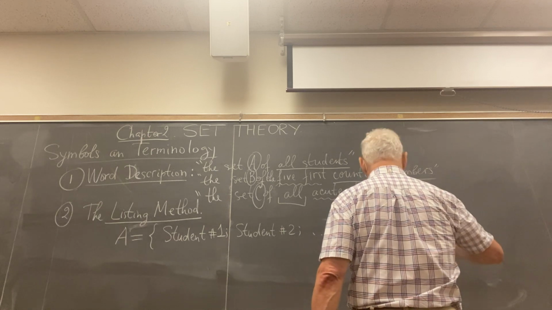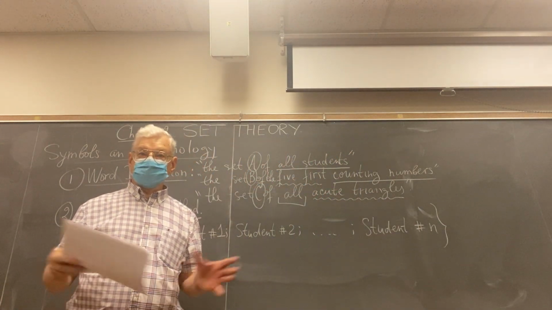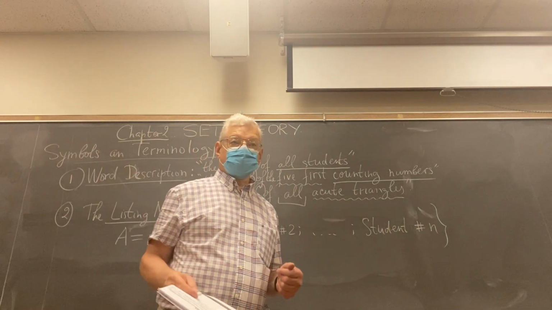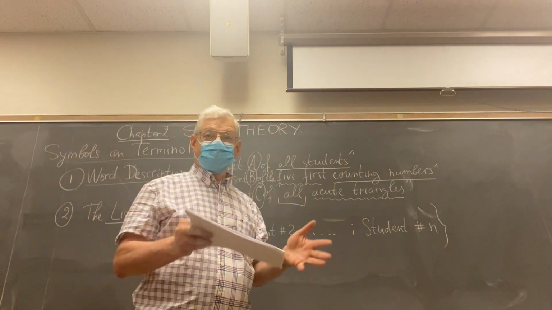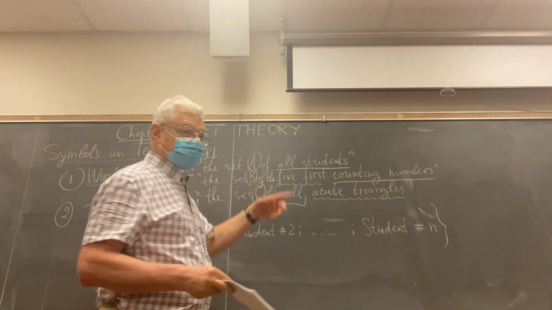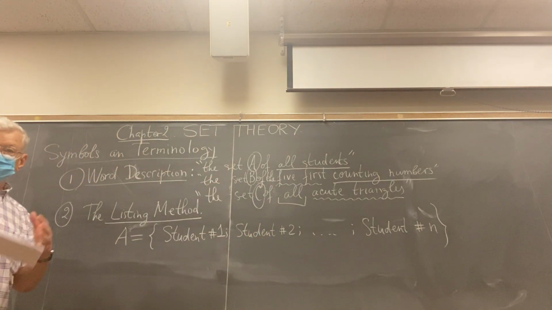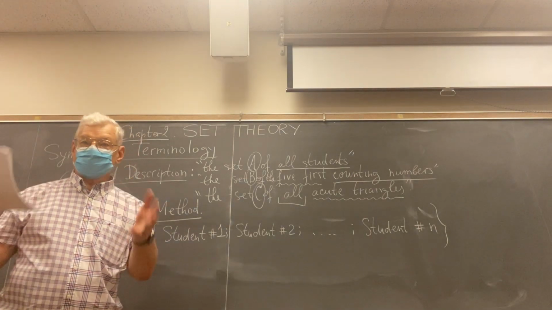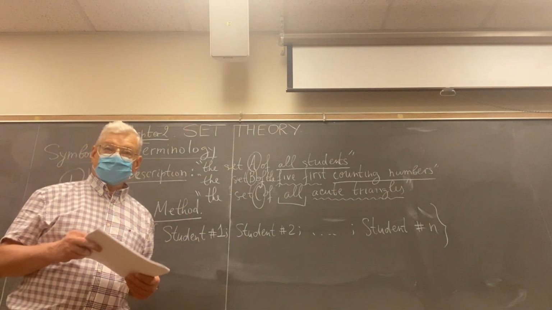Then I close the curly brackets. Clear? For example, right now I see 2 students, so I write your name and then your name. It will be a set of 2 students. That's in words, but in the listing method, I write your name, then a comma or semicolon, and your name.